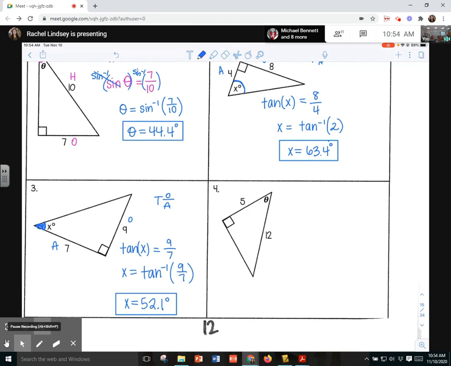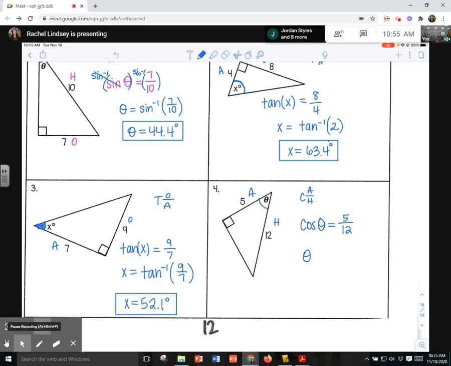Then number 4, got our angle theta. 5 would be our adjacent. 12 would be our hypotenuse. So which trig function are we using? Sine, cosine, or tangent? Cosine. We've got to use A over H, so cosine. So cosine of theta equals adjacent 5 over hypotenuse 12. If you get rid of cosine, to get the theta alone, you'll cosine inverse both sides.